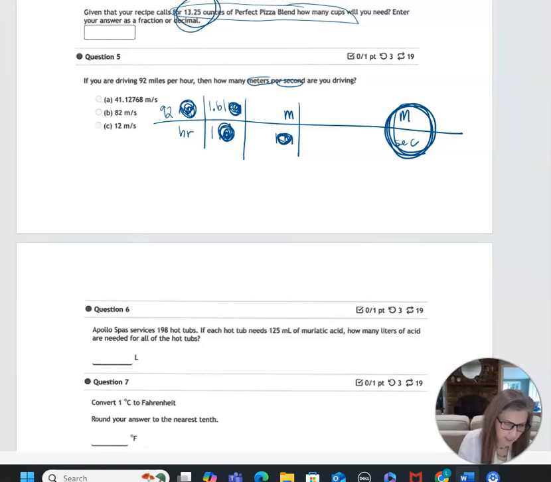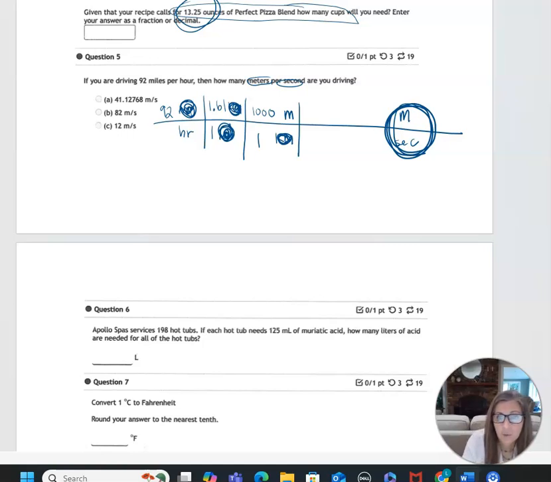This is on the prefix chart. So the prefixes tell you that kilo means 1,000. So 1 kilometer is 1,000 meters. Again, that is on your chart that describes the conversion prefixes. That's where I just got that fact. 1 kilometer is equal to 1,000 meters.